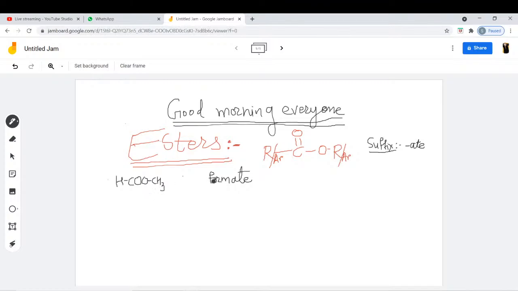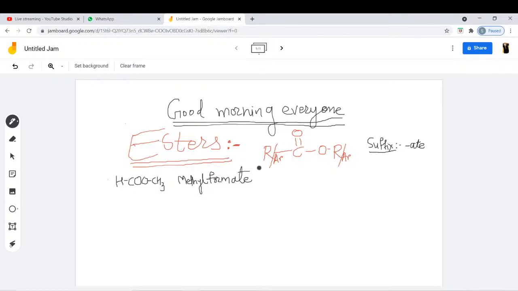It is a formate made from formic acid, but a methyl group is attached there. So we call it methyl formate. Easy. Then one more example.